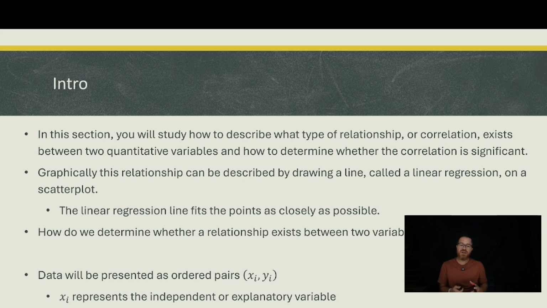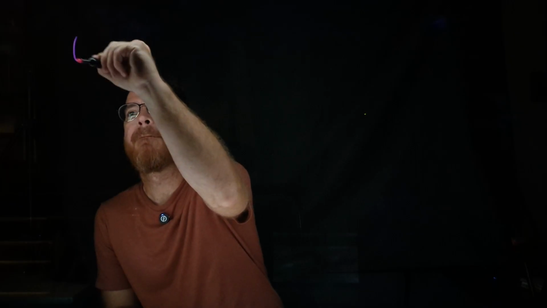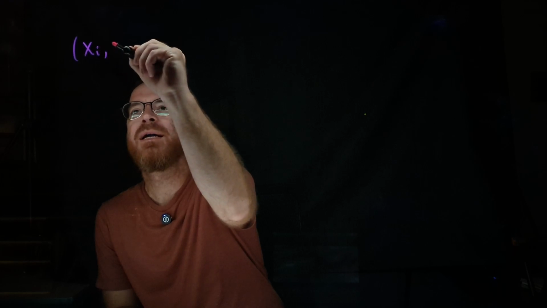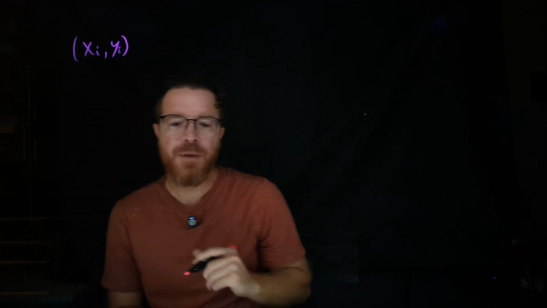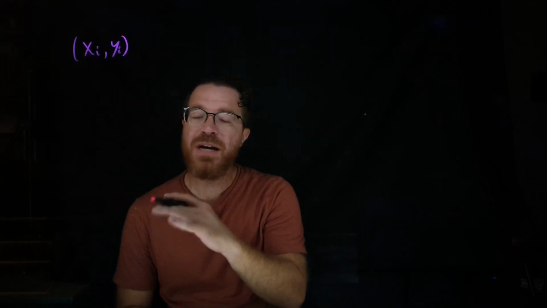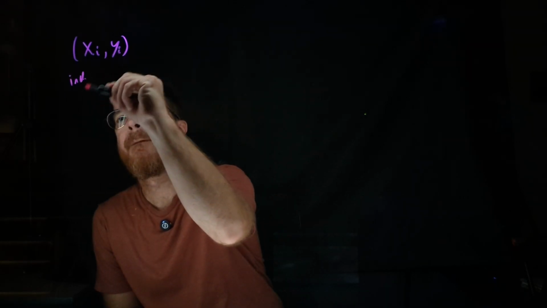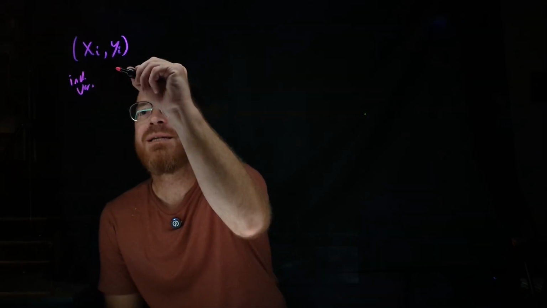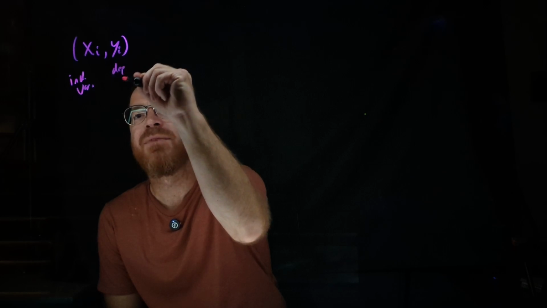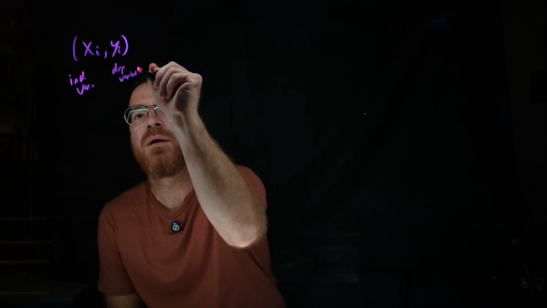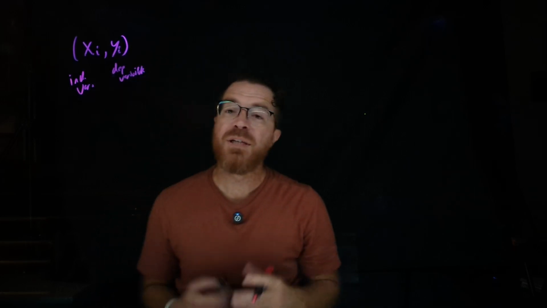But how do we determine if a relationship exists between our variables? Data in this section is going to be represented in this form: x sub i, y sub i, where x sub i represents our independent or explanatory variable, while y sub i is going to be our dependent variable, or our response variable.